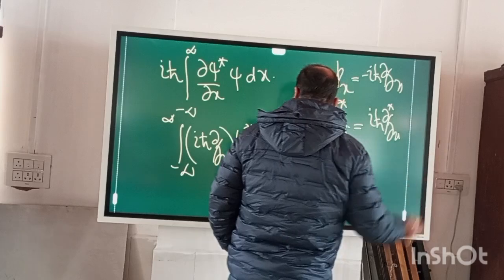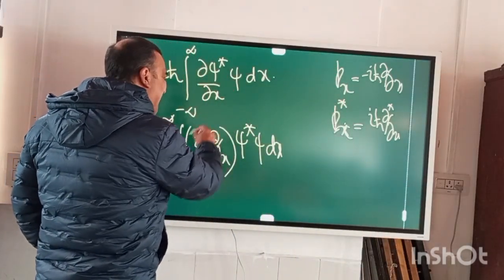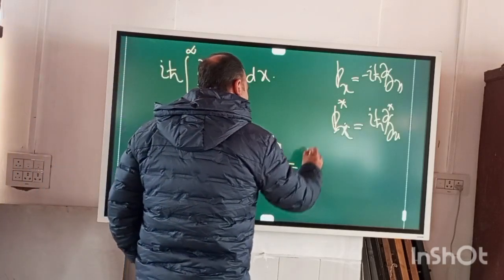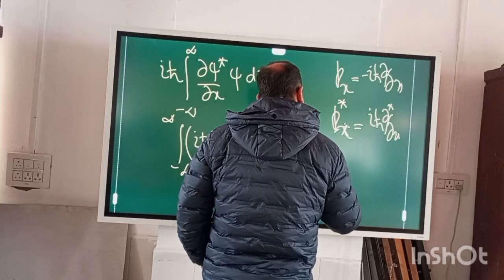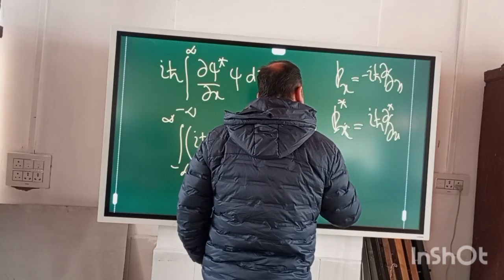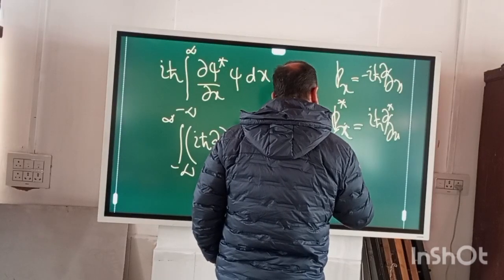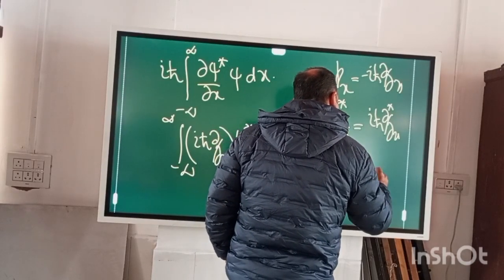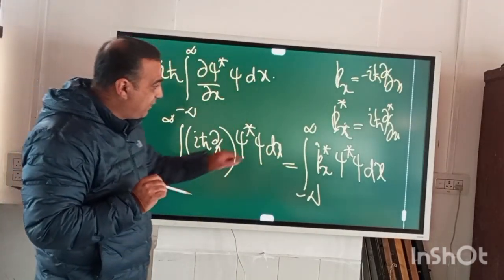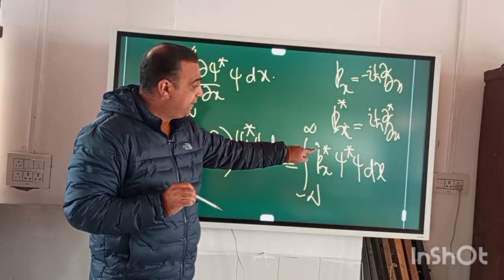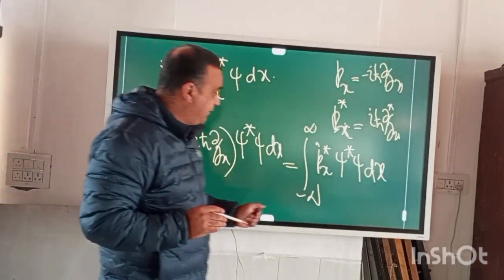So this is my px star, and this is my integral from minus infinity to infinity of px cap star psi star psi dx. I might have committed a mistake somewhere in terms of the star, so I request you to fix that yourself.